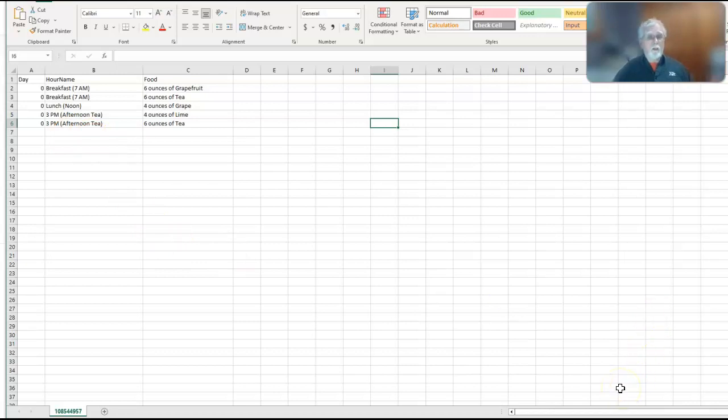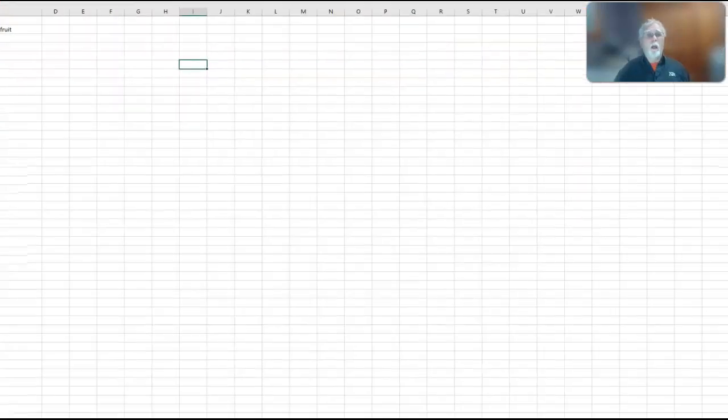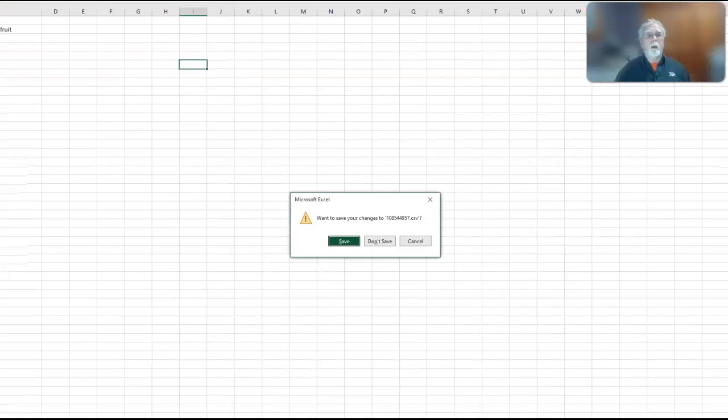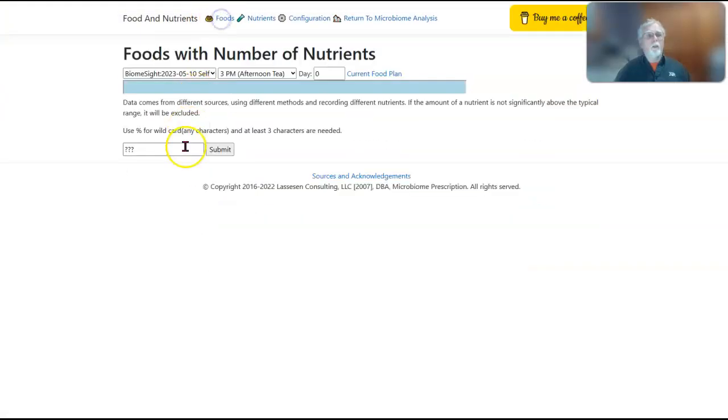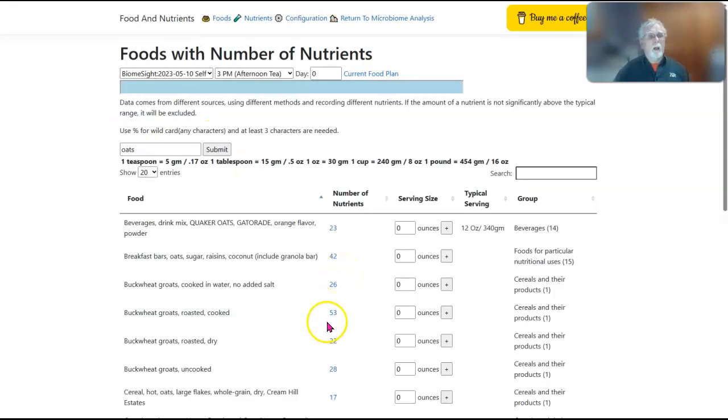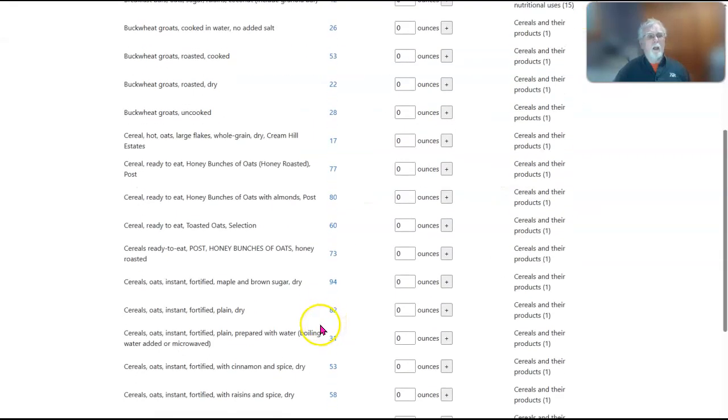And you can go in and toss in what you are regularly eating. For example, suppose you go back to foods, and what you want to do is have some oats. And toasted oats right there. Okay, suppose you want 4 ounces of oats every day.